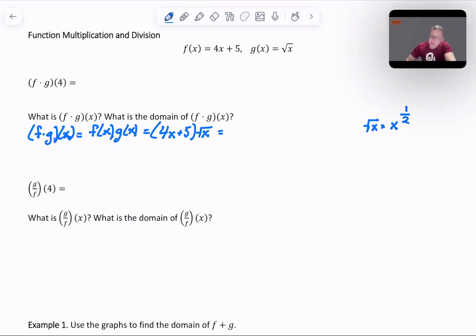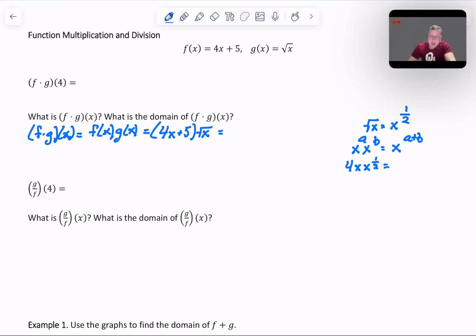And if I have something like x to the a times x to the b, this is just x to the a plus b. And that's what happens here. We have 4x, and we're multiplying it by the square root of x. So let's write out what this is: 4x times, in this case, x to the 1/2, because we have the square root of x.